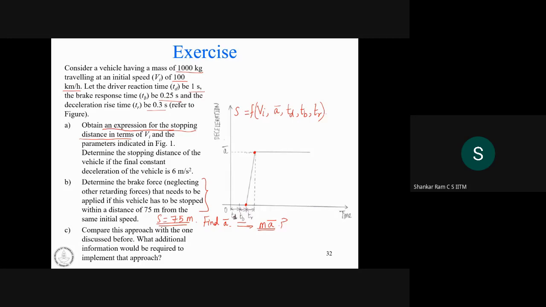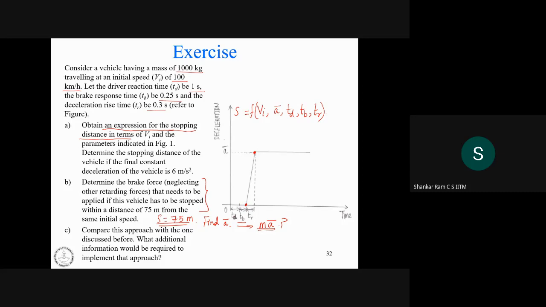That is, the value of VI is the same, but now I want my stopping distance to be 75 meters. The question is, what will be A bar that we need to have, and consequently, how do we go about that?